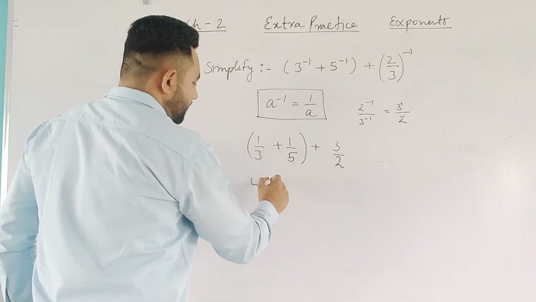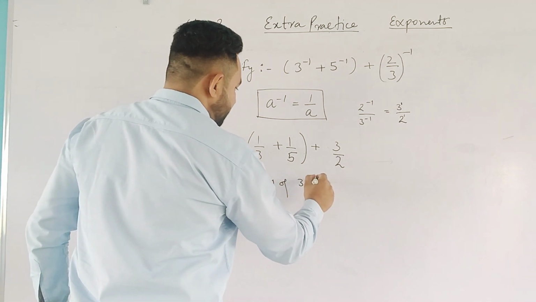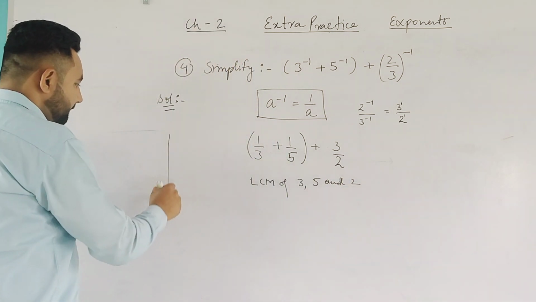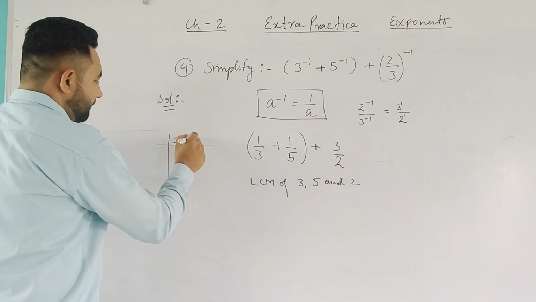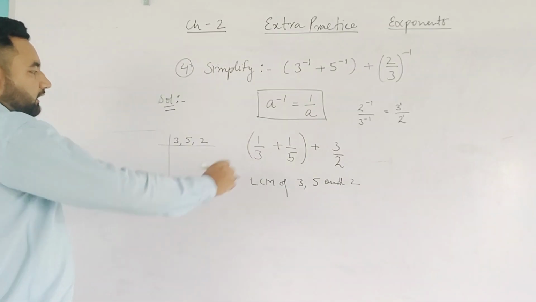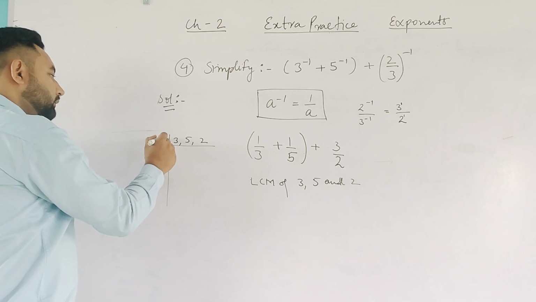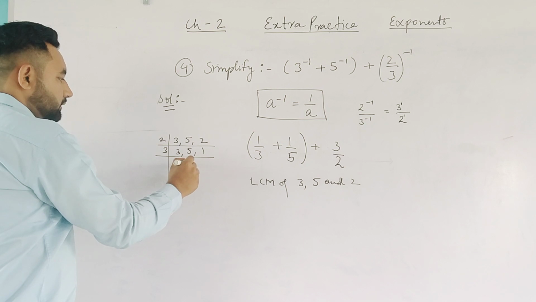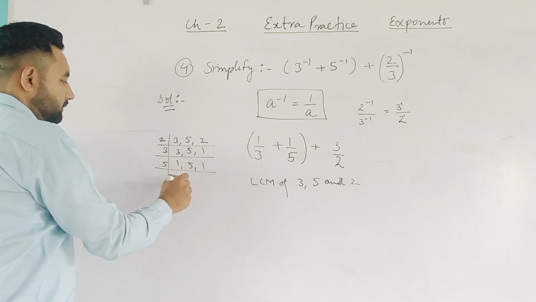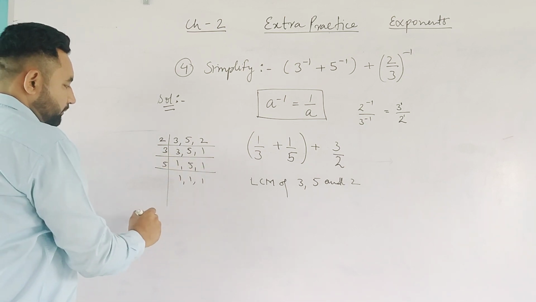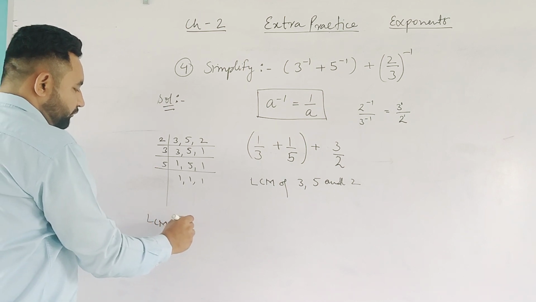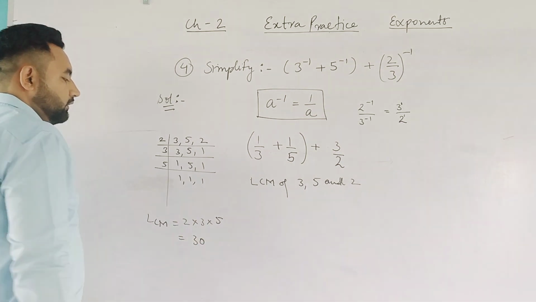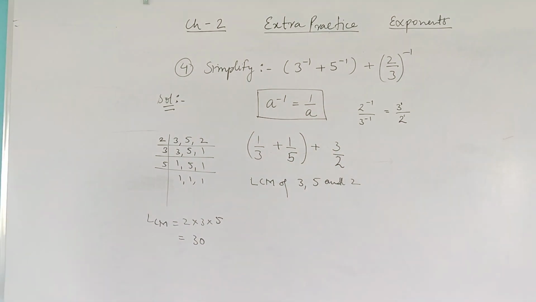Now we have 3 numbers in the denominator, that is 3, 5 and 2. What we will do? We will take the LCM of 3, 5 and 2. I think the LCM will be 30, right? 2 cross 3 cross 5, which is 2 3s are 6, 6 5s are 30.